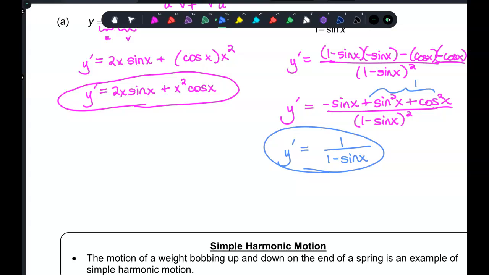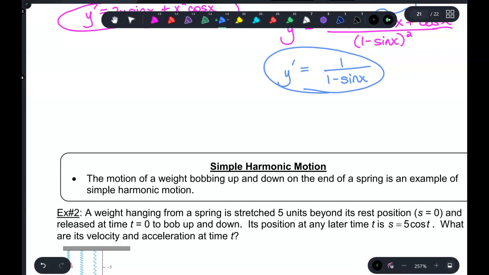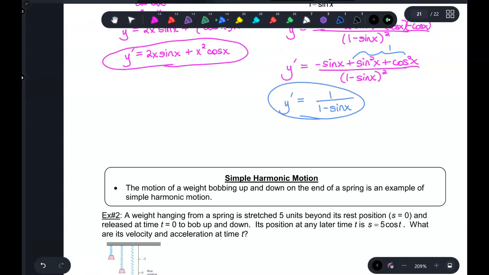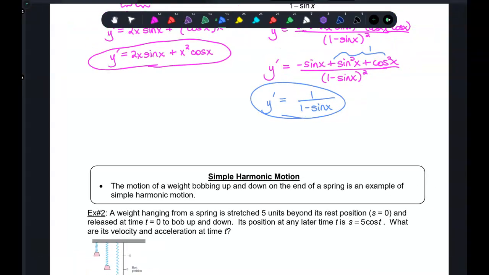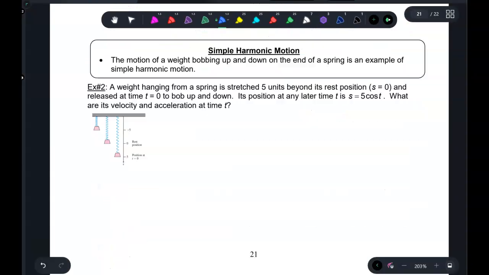Okay, questions? Really the only identities that you need are the Pythagorean one and the reciprocal ones, like sine and cosecant, cosine and secant. Sine squared plus cosine squared equals 1.